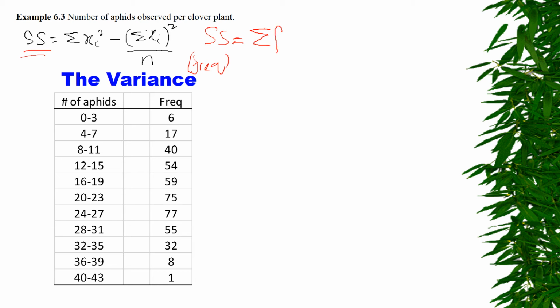The only difference is we put the frequency over there. So it is the summation of fixi square minus the summation of fixi, squared, divided by n. So this is the sum of squares for frequency data.